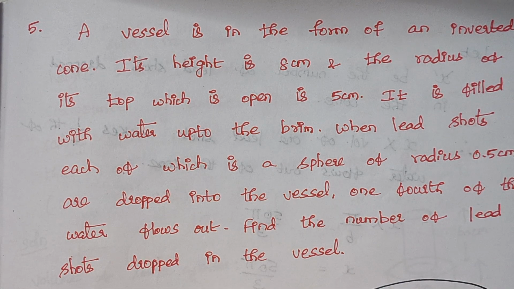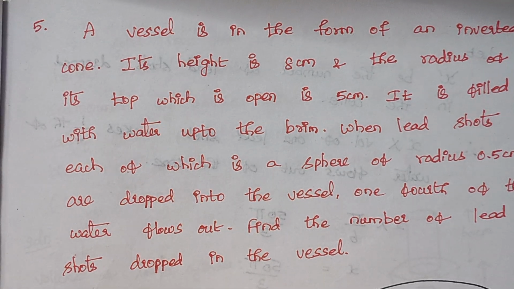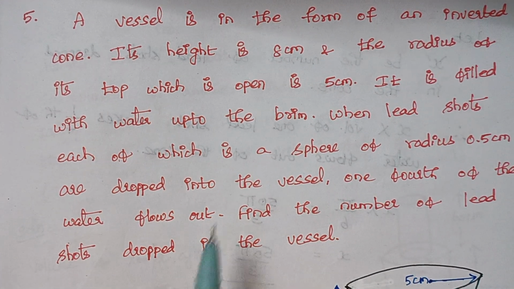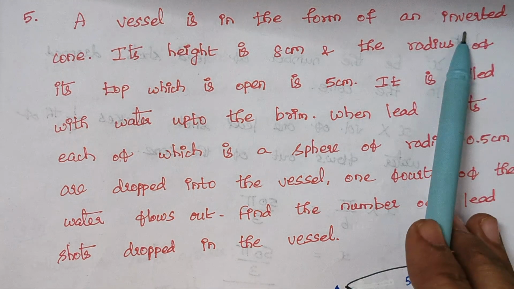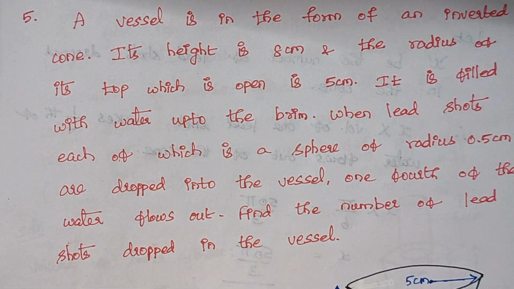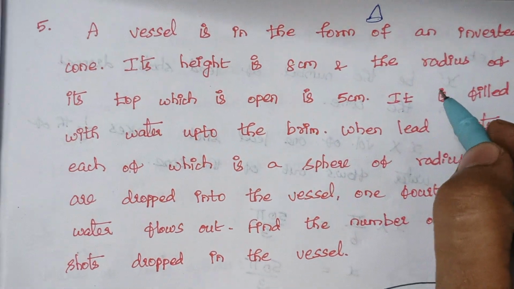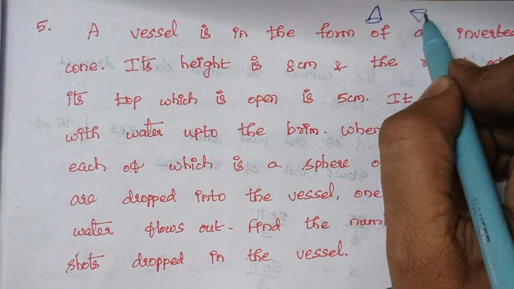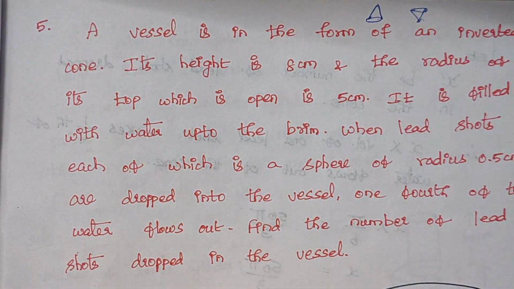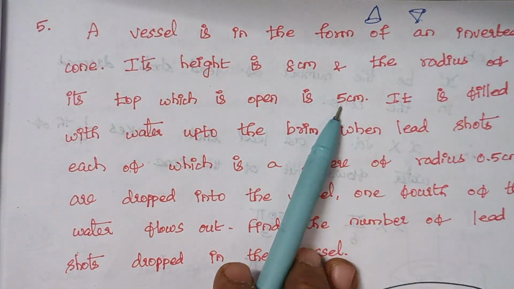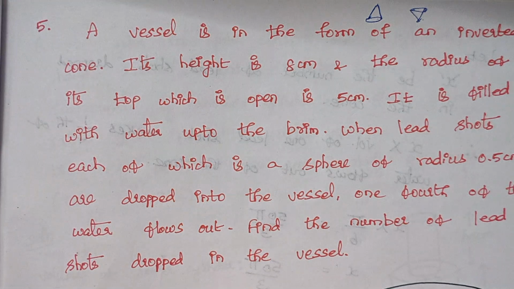So here you see, we are discussing a vessel which is in the form of a cone, which is inverted, kept in reverse. Normally a cone will be like this, but here it is inverted, like this. Height and radius are given, and it is filled with water.